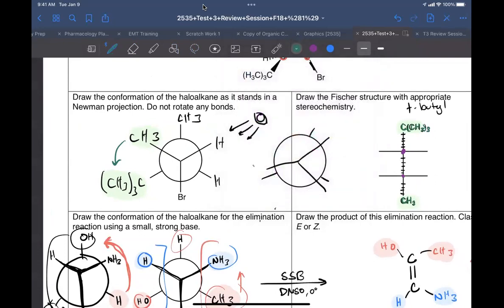Our CH3 group is over here. You can see we just rotated over. Rotate this 60 degrees and rotate this 60 degrees so that they're eclipsed. So we have our CH3, but on that back carbon, the H is eclipsed. The H that was on that back carbon, and now that Br eclipsed. Let me make these blue. HBr.